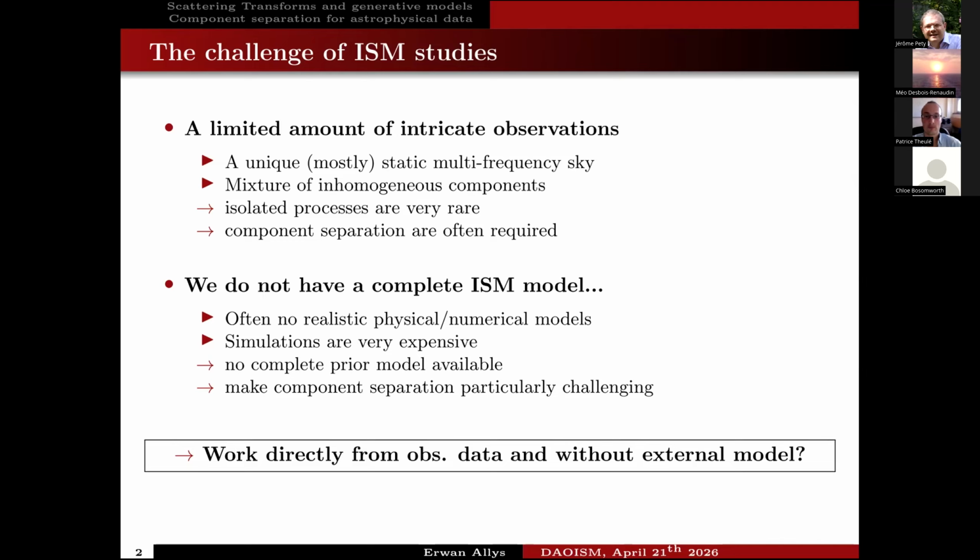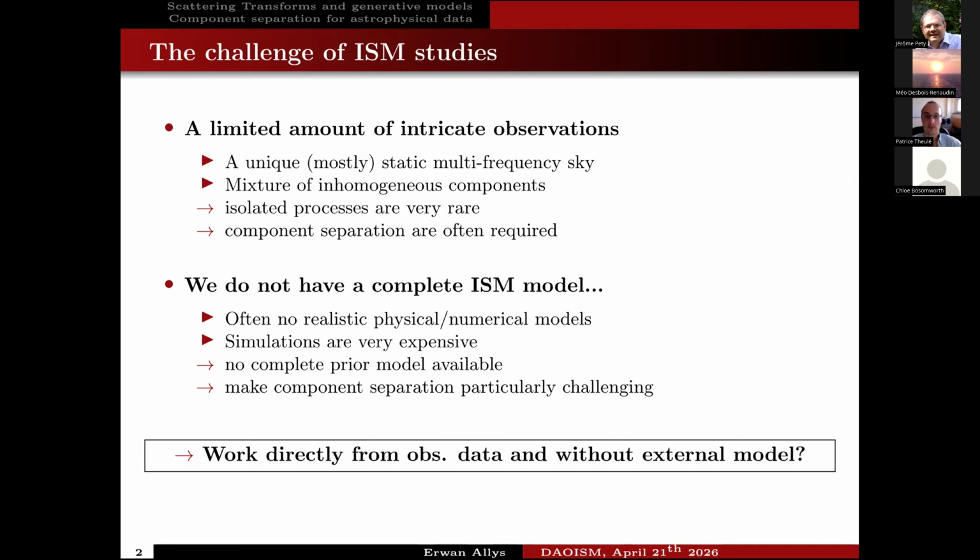Numerical simulations or physical models are not necessarily made to have 1% precision on the structures that we see on the sky. They are also made to understand the effect of the different dynamical contributions. And even if you have very good simulations, they are very expensive. So in a lot of cases, and I would say in most cases, we don't have an extremely good prior model on which you could train your neural network, which makes component separation particularly challenging.